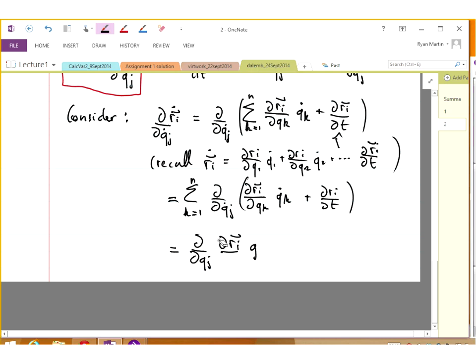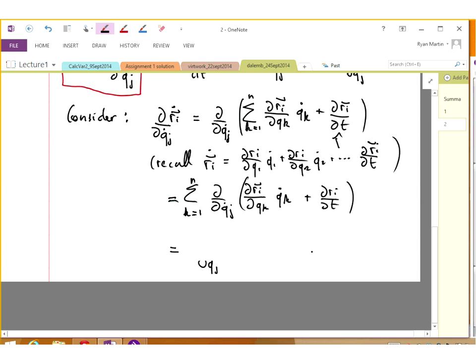And so for the last term, the derivative with respect to qj dot of partial ri by partial qk dot is only non-zero when k equals j, right? So then it's d by dqj dot of this partial ri vector by partial qj dot.